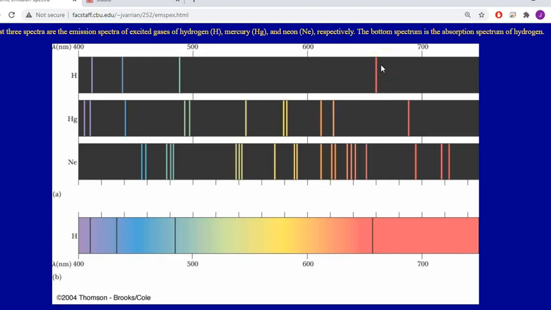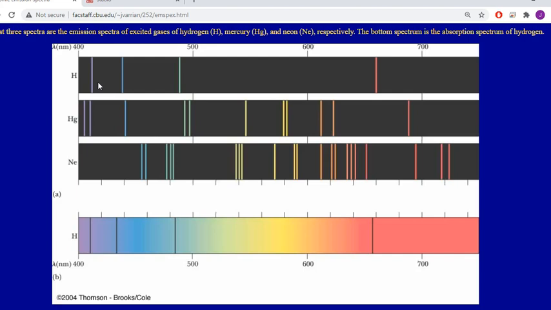In fact, if the atom goes n equal 4 to n equal 2, that's going to give you the green line. N equal 5 to n equal 2, this blue. N equal 6 to n equal 2, this violet. That forms what's called the Balmer series of hydrogen.